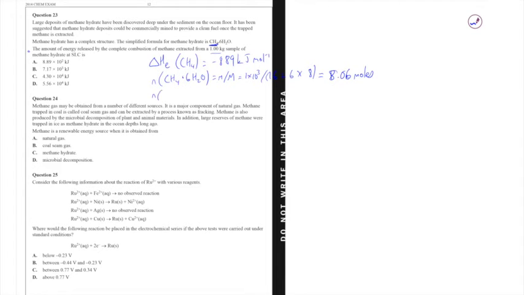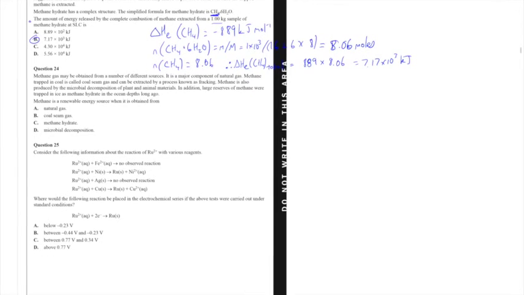So that means moles of CH4 also equals 8.06, and therefore delta H_c CH4 total equals 889 times 8.06, and that is equal to 7.17 by 10 to the 3 kilojoules, which gives us answer B.